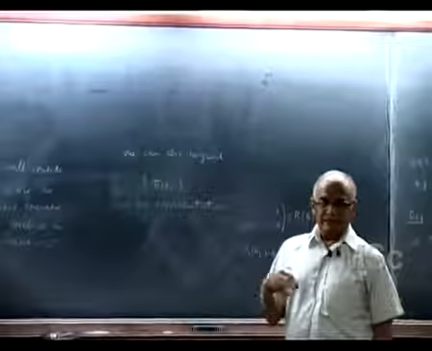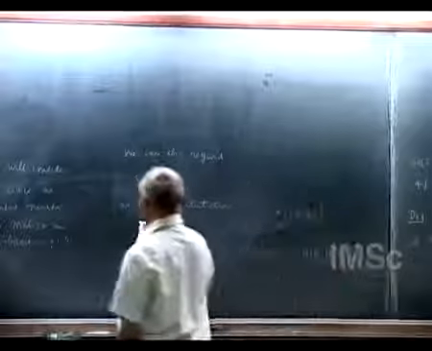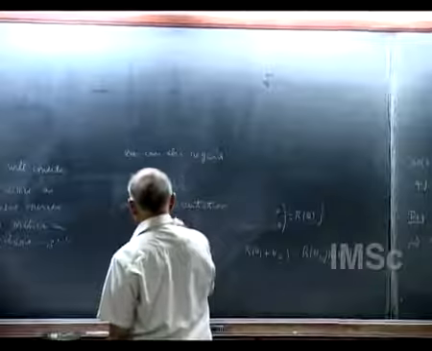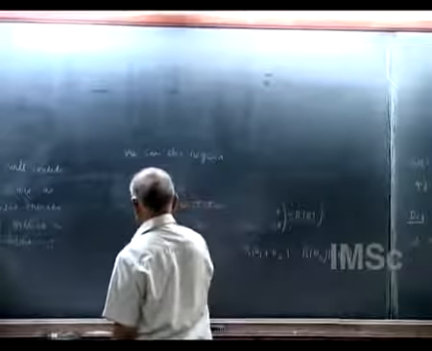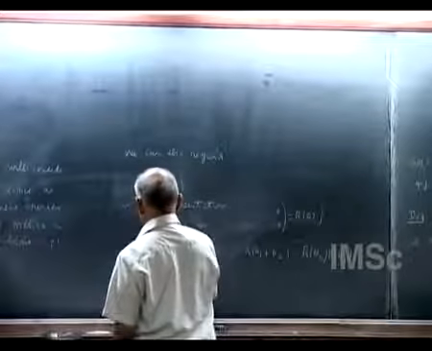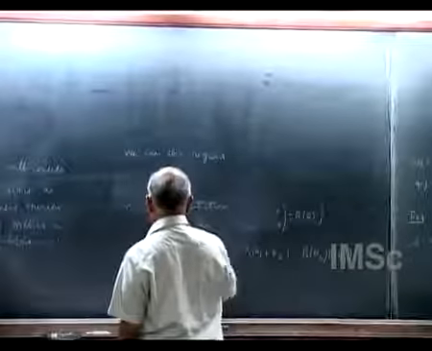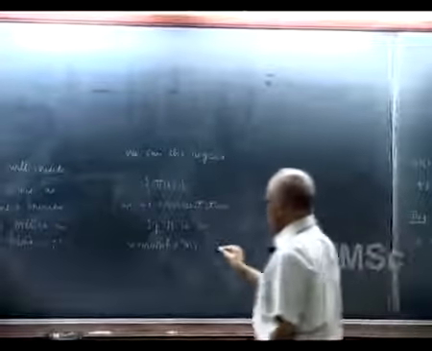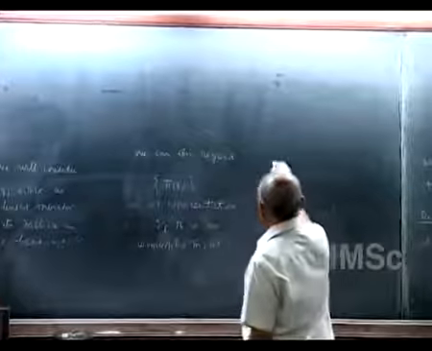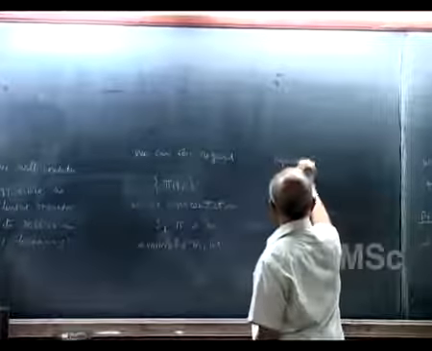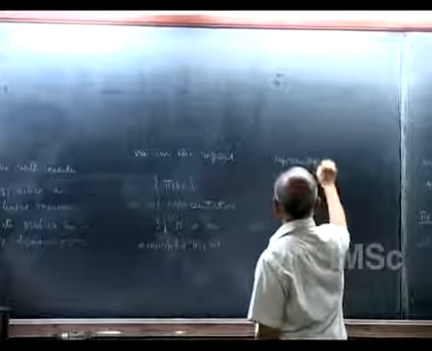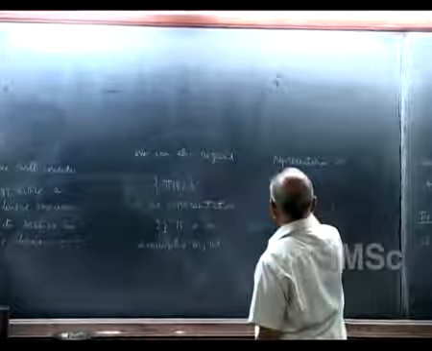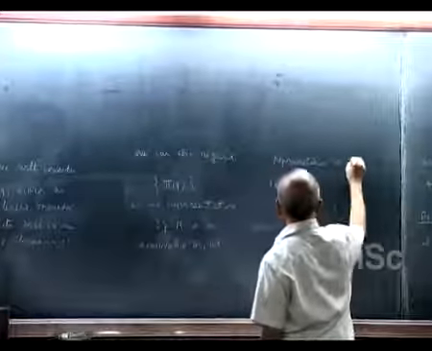The representation is faithful if pi is an isomorphism, so it is one to one. Okay, we say that the representation is said to be faithful.